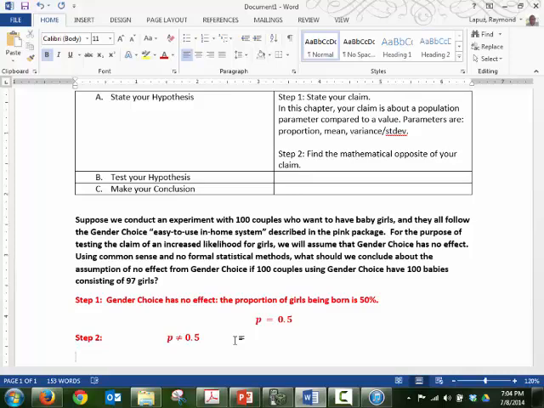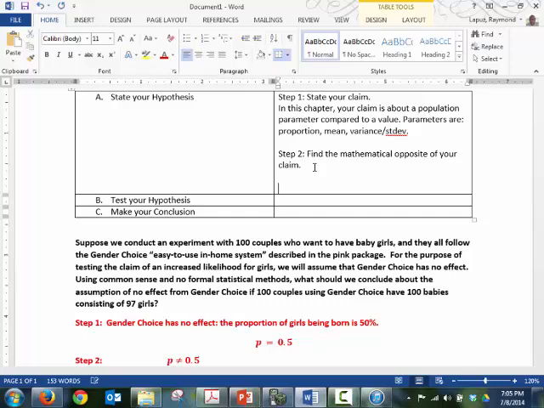Okay? So step 3, once you figure out your claim and then your mathematical opposite, one of those will be labeled as your null hypothesis.